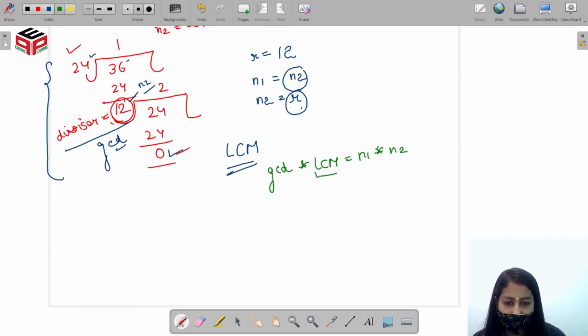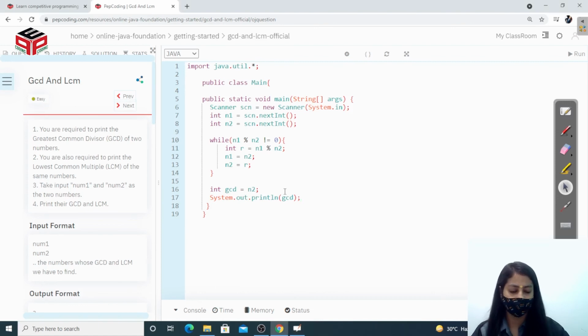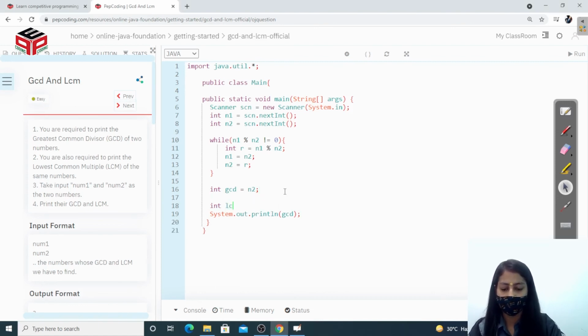So we can find the LCM from this formula, that is, LCM equals the multiplication of the two numbers divided by the GCD, right? So let's code this. LCM is equal to the multiplication of two numbers divided by GCD.